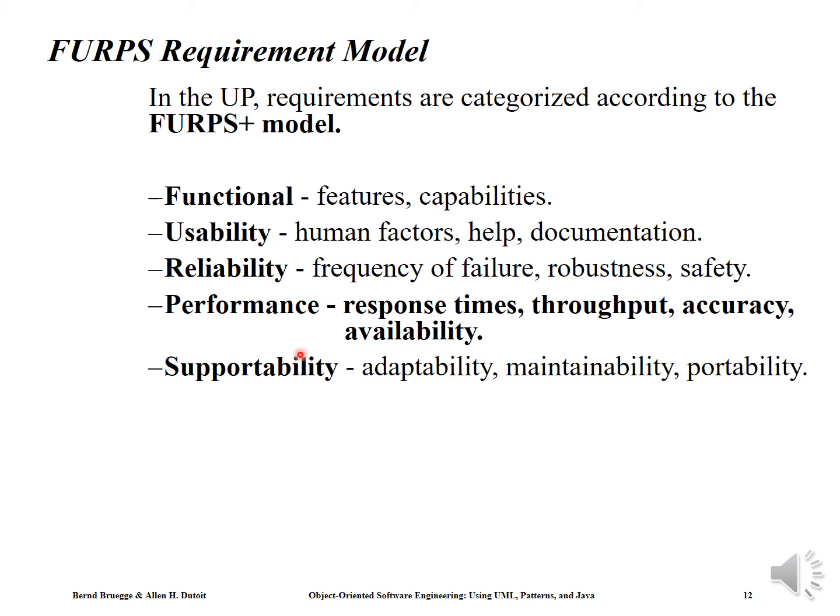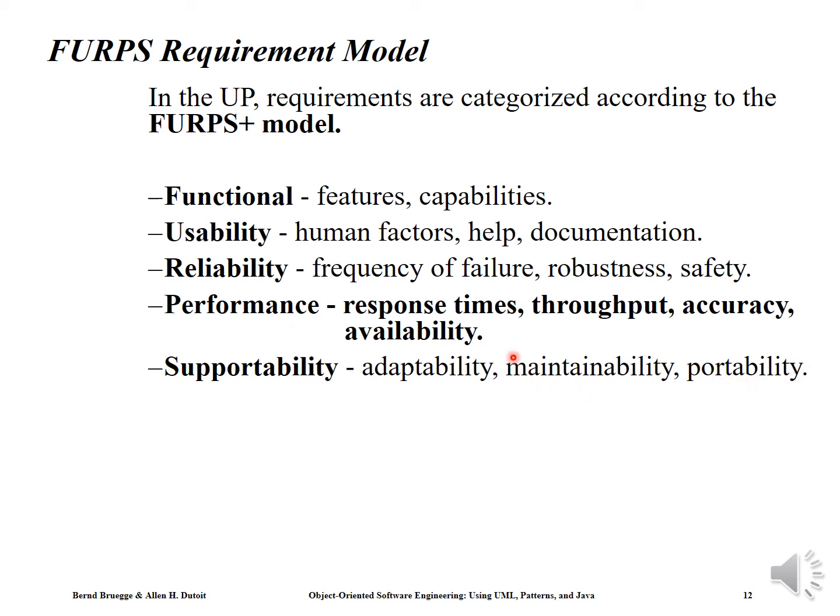So next is supportability. Supportability is concerned with how easily the system can be changed after it is deployed. It includes adaptability, which is the ability to change the system with additional application domain concepts. And the ISO 9126 standard on software quality replaces this category of supportability with maintainability and portability.